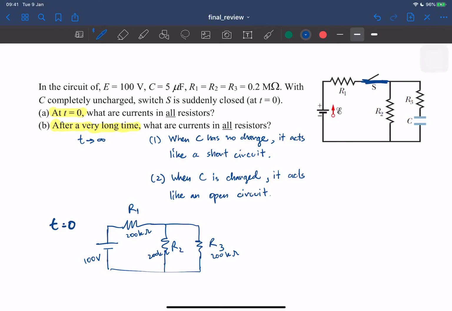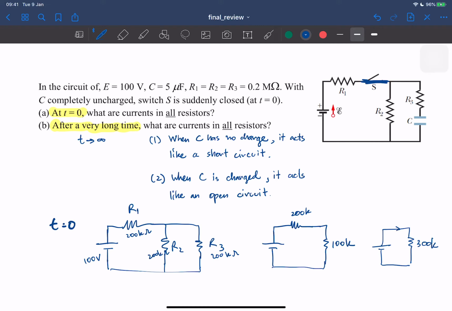So we need to figure out the total resistance first. These two are in parallel to each other, and when they are in parallel, the resistance is reduced. So it's 200K here, then this one is 100K, and then combine these two in series. Then you have the total resistance to be 300K.